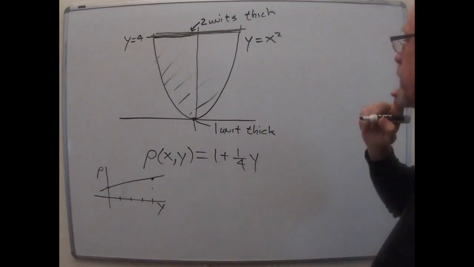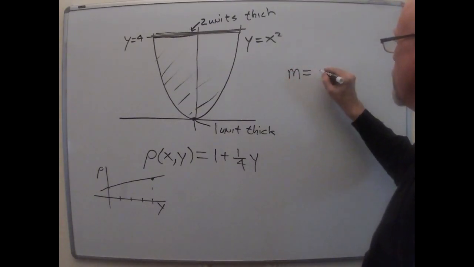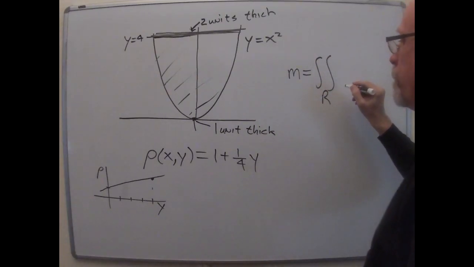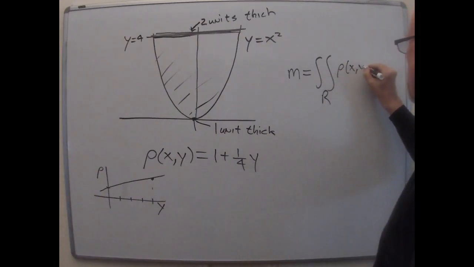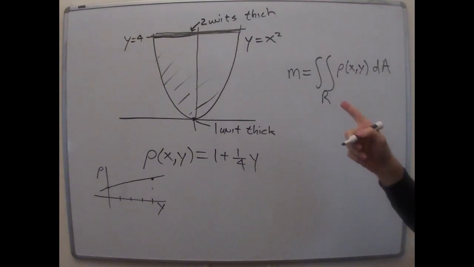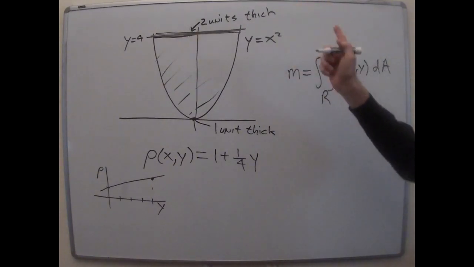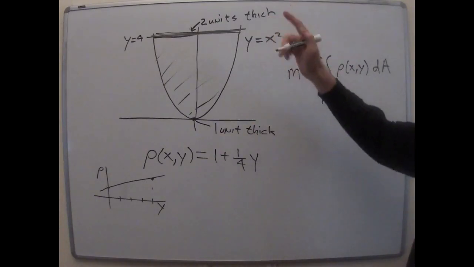So first I'm going to need to get our total mass. Remember, that's the double integral over the region of our density with respect to area. So this region, should we do a vertical integral first and then a horizontal, or a horizontal integral first and then a vertical?